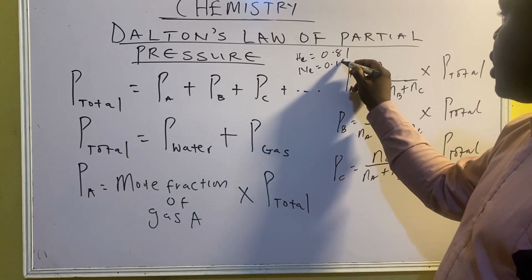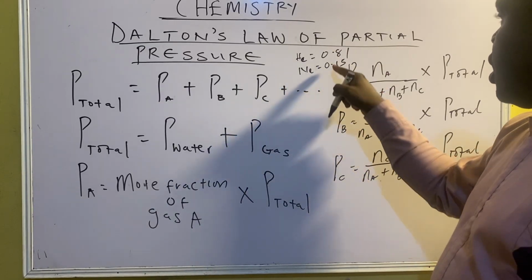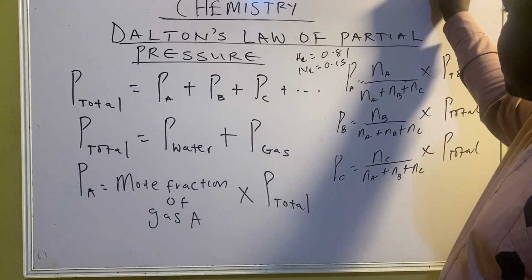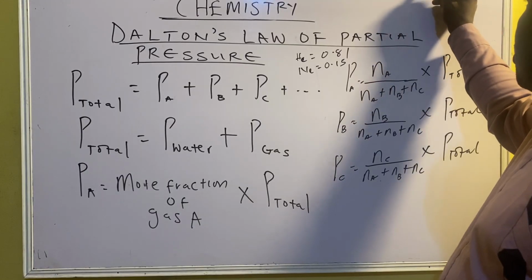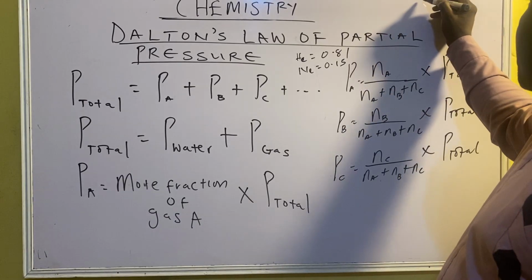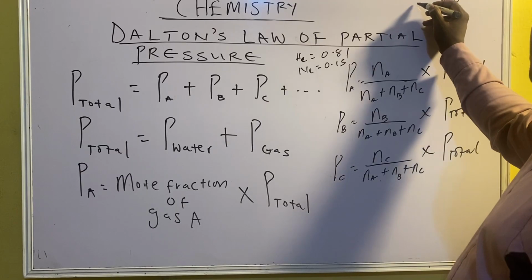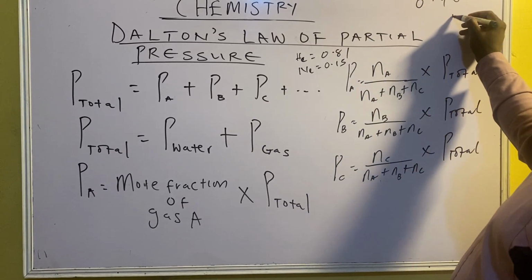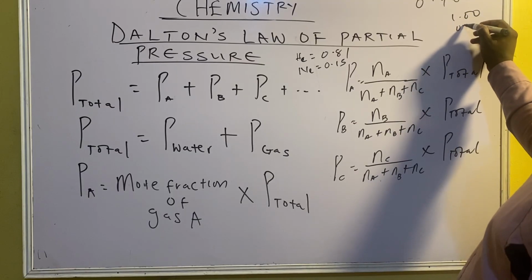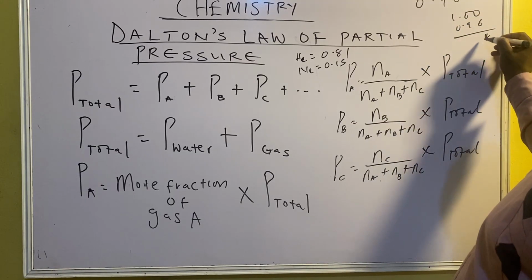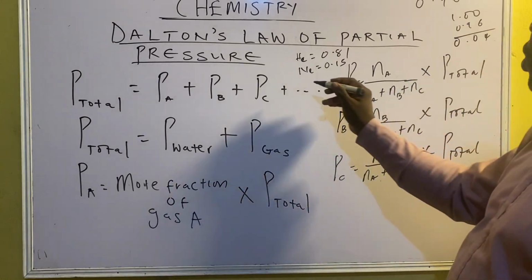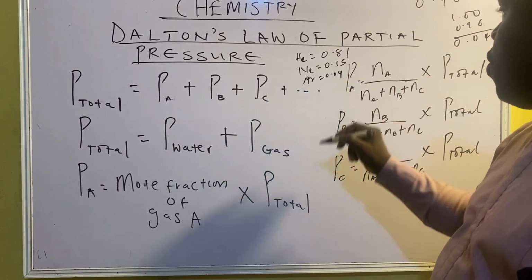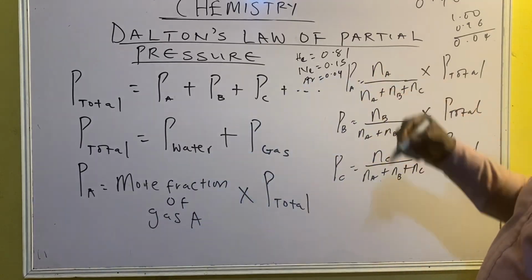I'm not actually taking note of the calculation. Let's say the last one, your argon, is 0.04, and these are all in moles.